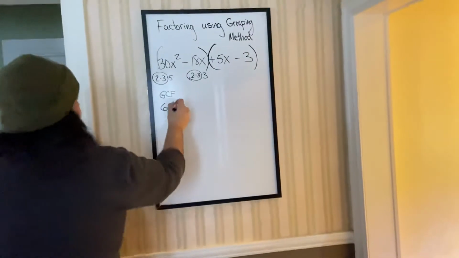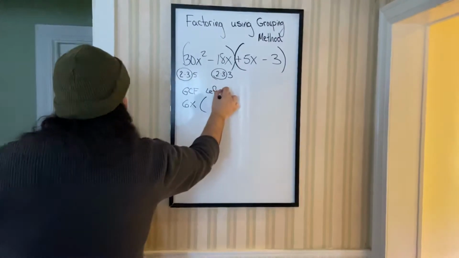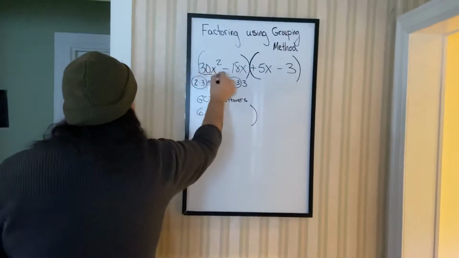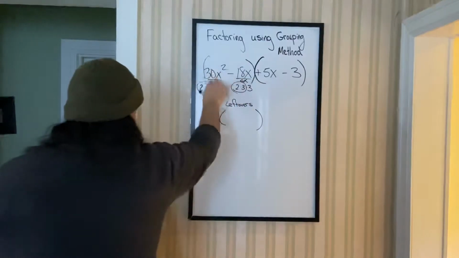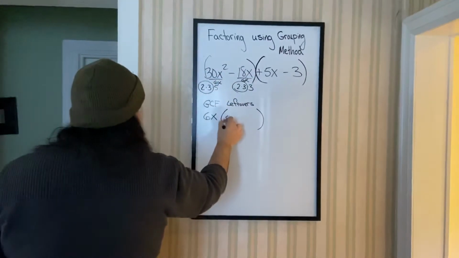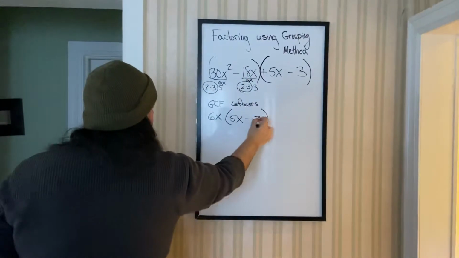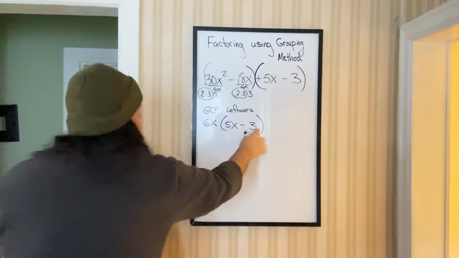Let me get my leftovers. The leftovers is basically dividing each of these 2 terms by the GCF. Divide this by 6x, divide this by 6x. You're going to get 5x. Here you're going to get a negative 3. Remember, the x's are tied, so there's no x in this term.